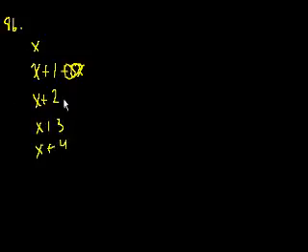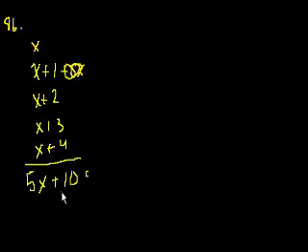Right? This is going to be the first 5 consecutive integers if we start at x. When you take the sum of those, it's 5x, and 1 plus 2 is 3, 3 plus 3 is 6, 6 plus 4 is 10. 5x plus 10 is equal to, they tell us, 560. Fair enough. Or we could say 5x is equal to 550.